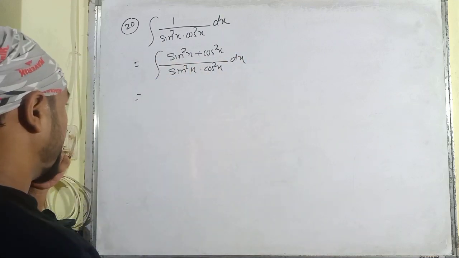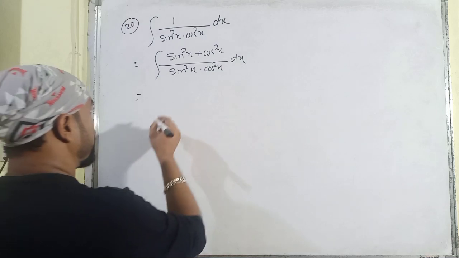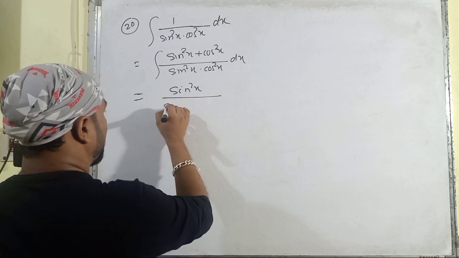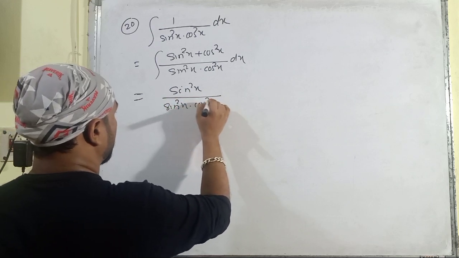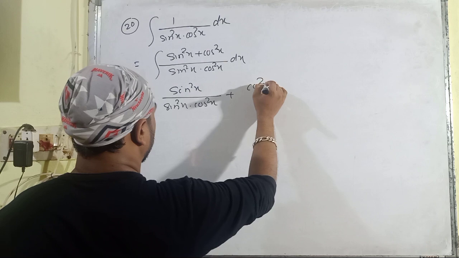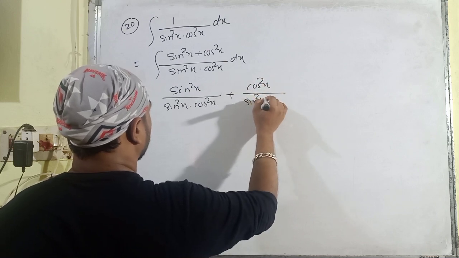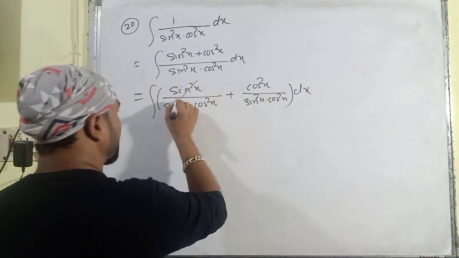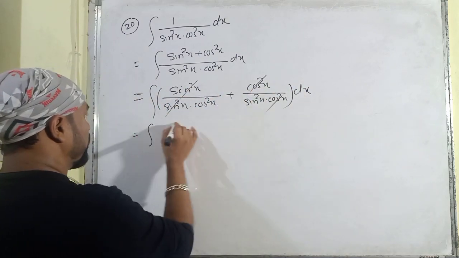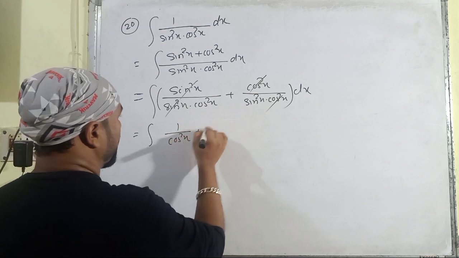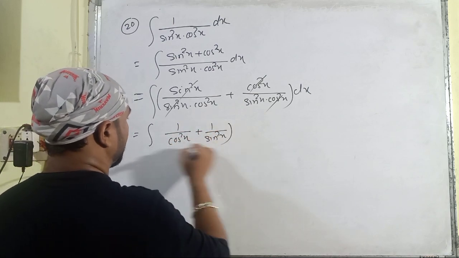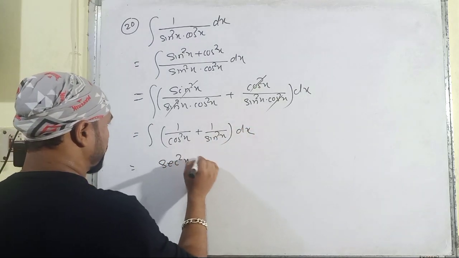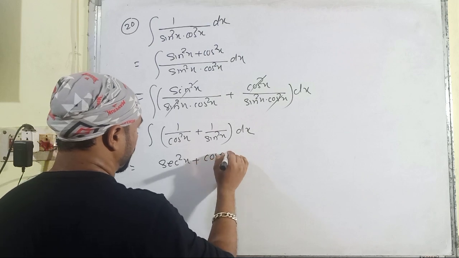Then just by separating these terms based upon the denominator parts, we have sin square x divided by sin square x multiplied with cos square x plus cos square x divided by sin square x multiplied with cos square x. Then just cancelling the common parts here, we have 1 upon cos square x plus 1 upon sin square x. 1 upon cos square x is sec square x, plus 1 upon sin square x is cosec square x.